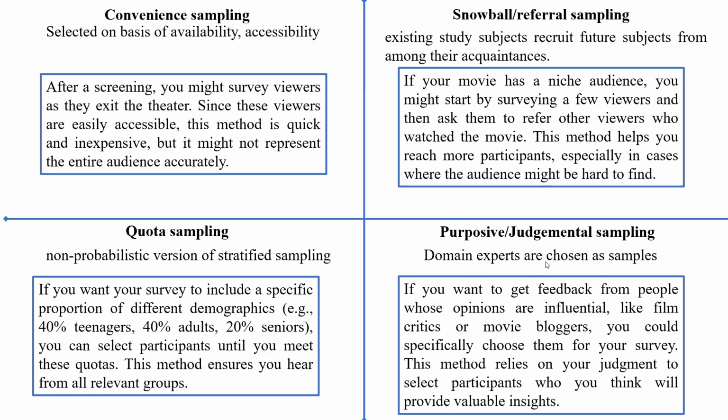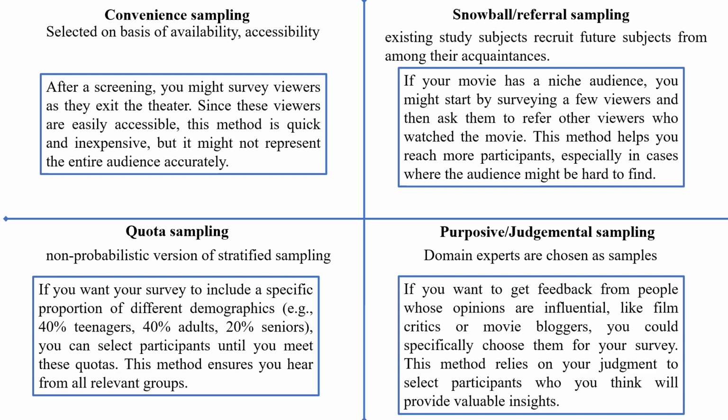And next comes the purposive or the judgmental sampling. So in purposive or judgmental sampling, you don't go and ask layman viewers, not everybody who has watched the movie, but you go and ask people like domain experts. For example, in this case, other movie directors will be domain experts, or anybody who's in the field, in the film industry.